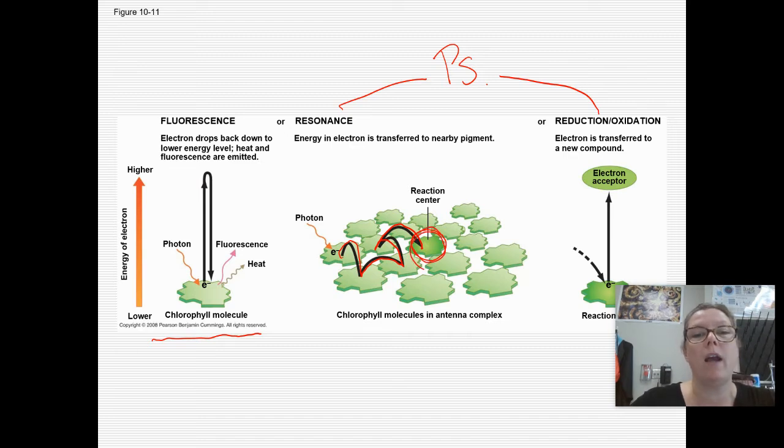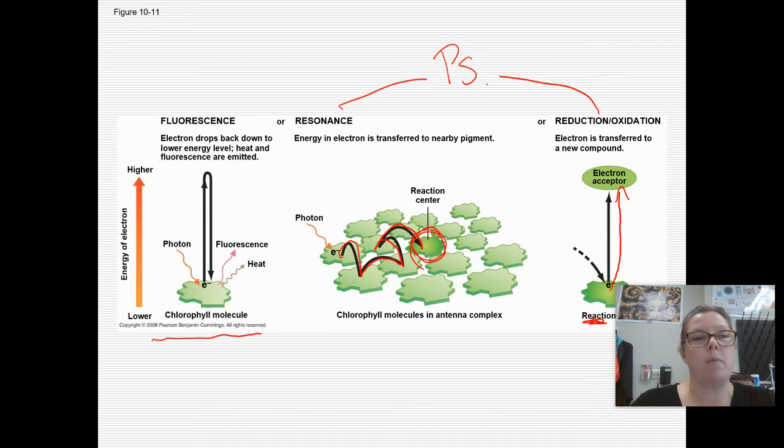And at that reaction center, we would see that electron get excited to the point that it's going to reduce something. It's going to be accepted by some electron acceptor and get reduced. And what you're going to see is that the pigment at the reaction center is going to get oxidized. Okay, so that's where you're going to see reduction oxidation.